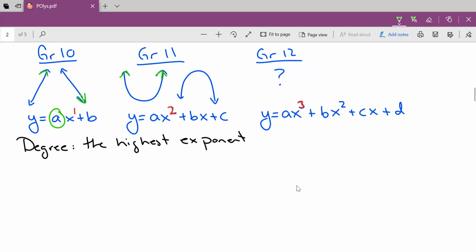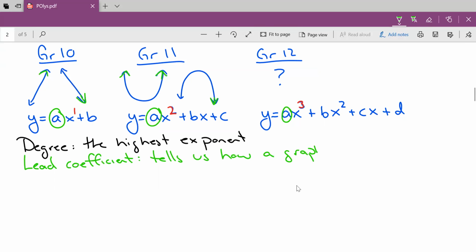And if the a value was negative, it would have ended going down. So the a value will be the same for us in grade 12. This is known as the lead coefficient. The lead coefficient tells us how a graph will end. Perfect.